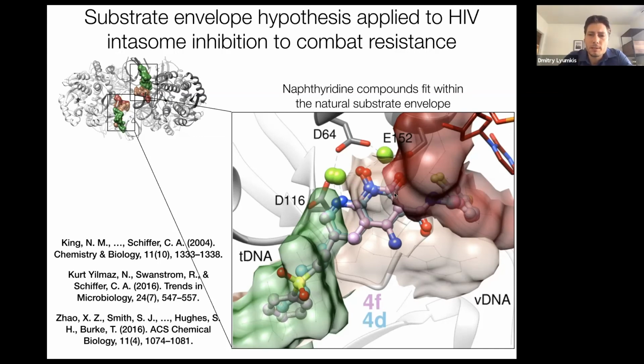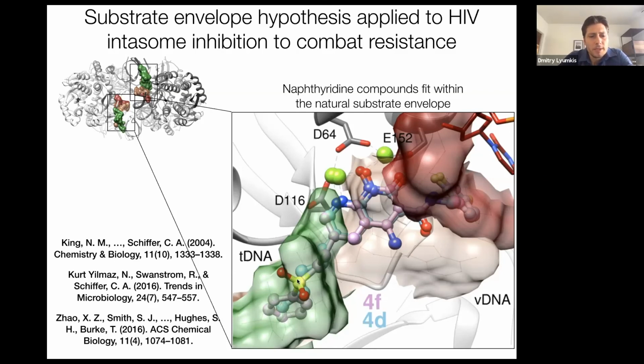The substrate envelope is a molecular envelope of an enzyme that binds natural substrates, any natural substrates. In the case of protease, these are amino acids that are proteolytically cleaved by the enzyme, and in the case of integrase, these are both viral and target DNA.